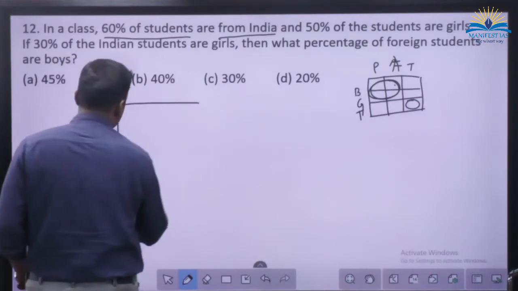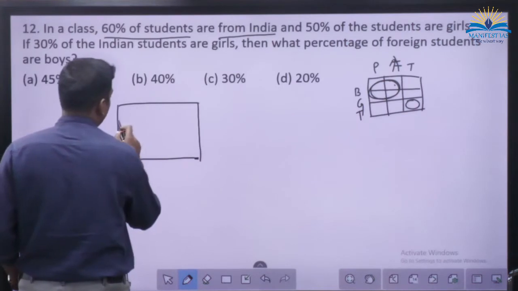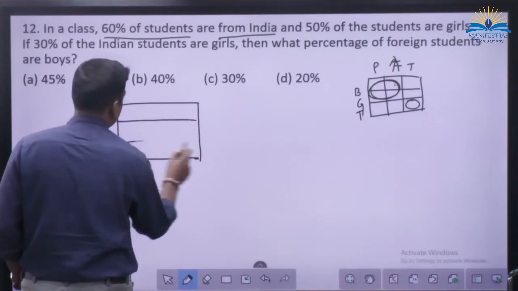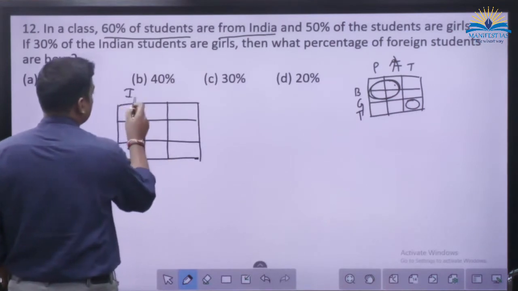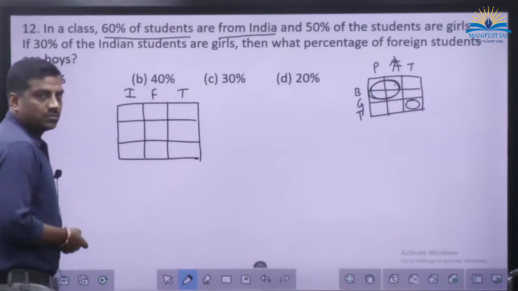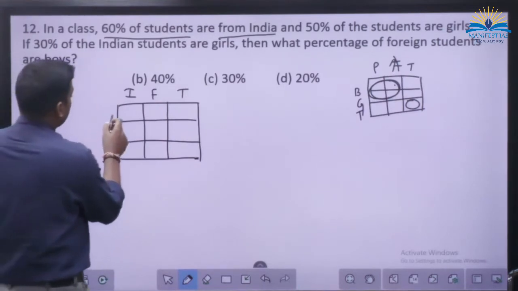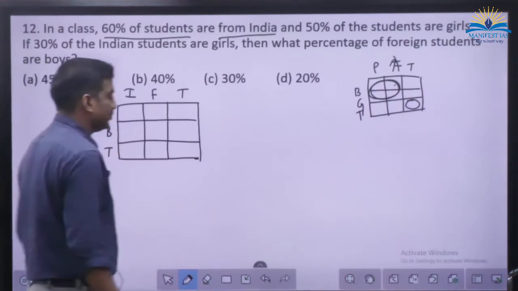In this current problem, first Indians, foreigners, and the total of them. Then girls, boys, and the total of them.